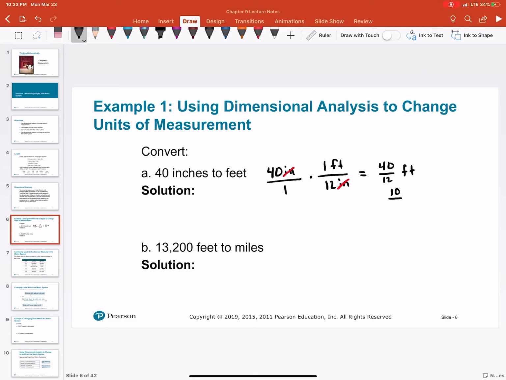So this reduces to 10 over 3 feet. Or we could say what? 3 1/3 feet, right? Because 3 goes into 10 three times, 1 is left over, so it's 3 1/3. So you got this, or you got this, and you got what you got at the beginning.